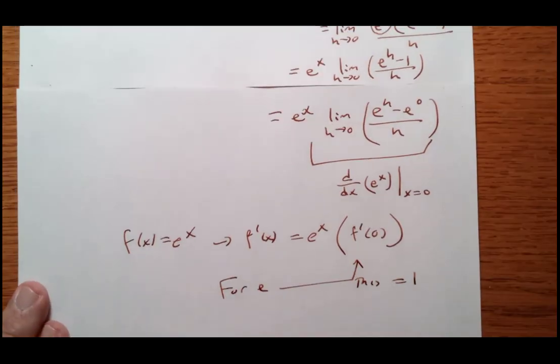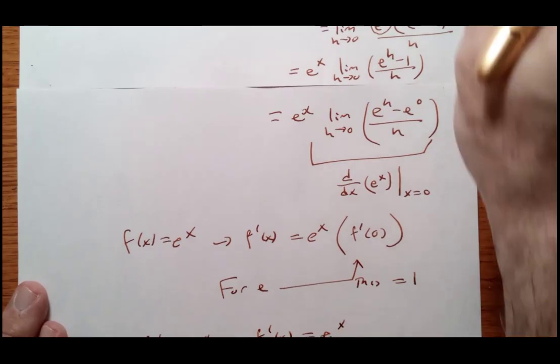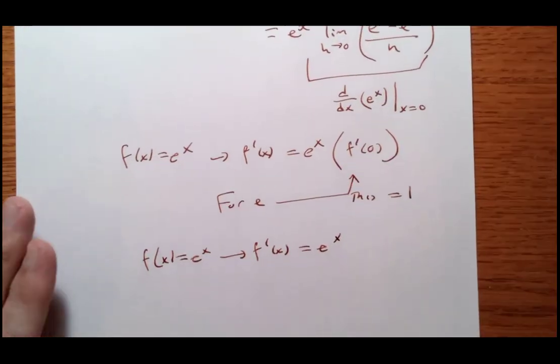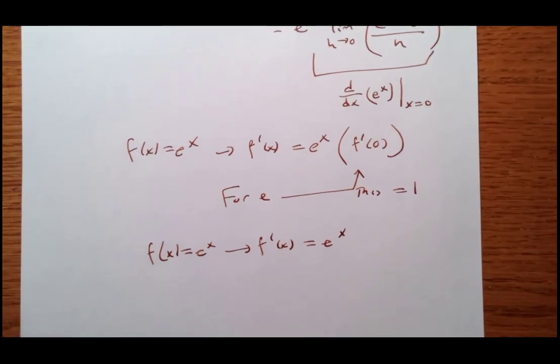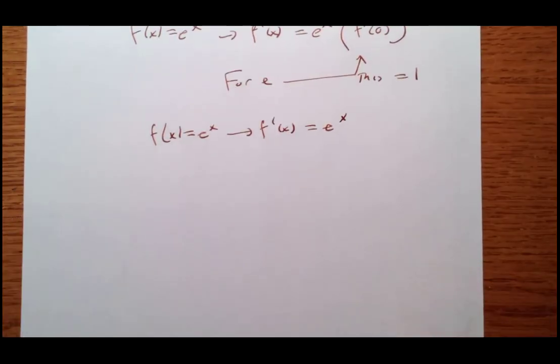And that means when you have f of x being e to the x, the derivative is also e to the x. e to the x is immune, invariant. It doesn't change when you take the derivative. Taking the derivative is ineffective on e to the x.